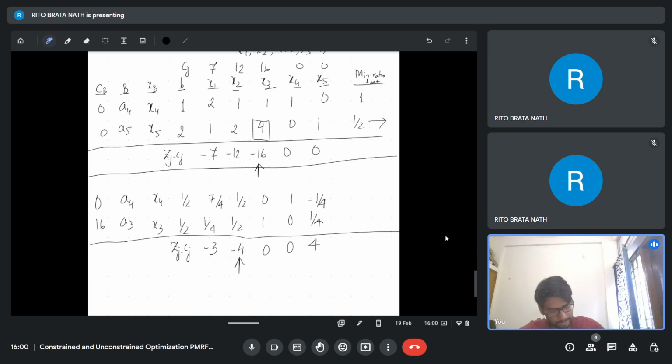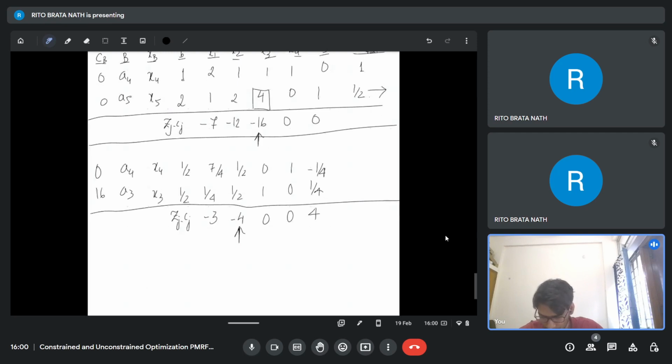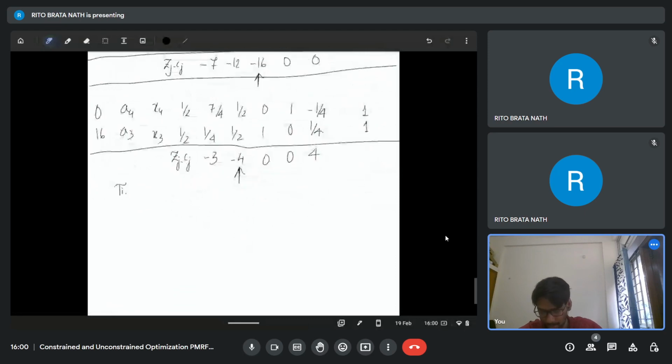So this one will enter now, and again you have to do the same check. So this is 1, this is 1, because half divided by half. Now you have a tie, and that means you have degeneracy in subsequent steps. But that was not an option. You want the actual solution.